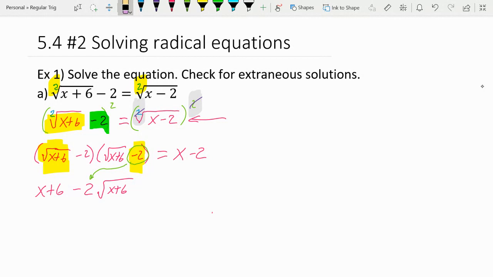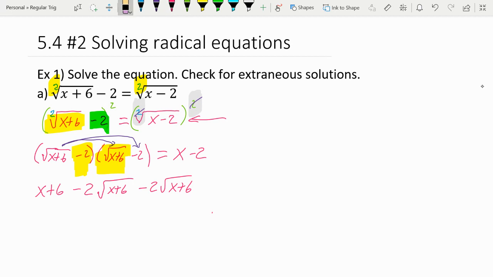Now, we took care of that times that, and this times this. Now, let's take care of the negative 2 times this. Same exact step we just did. It's going to be negative 2 times the square root of x plus 6.